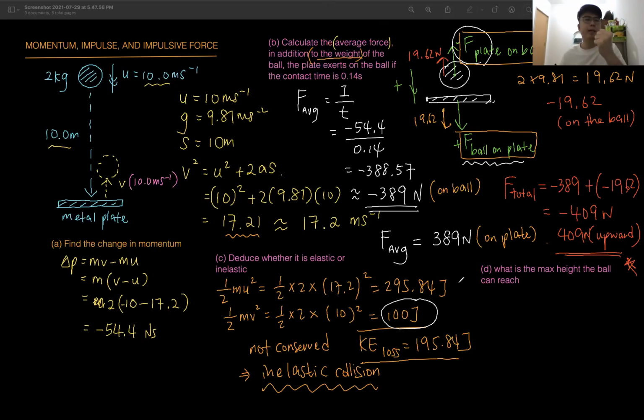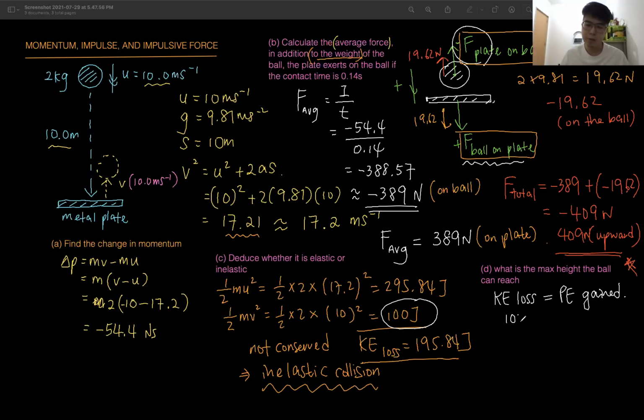So this kinetic energy is going to be converted to potential energy as it rises. At the maximum height, the potential energy is the same as the kinetic energy. So we take the KE lost as it rises as the potential energy gained.